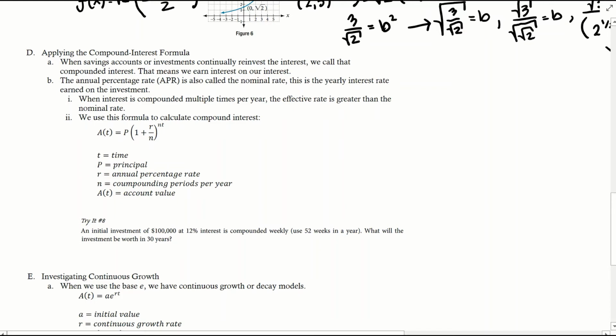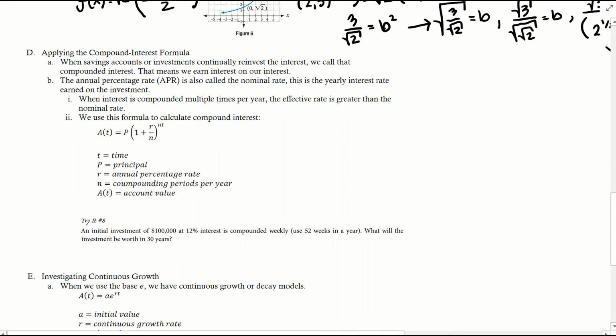When it's compounded multiple times a year, instead of giving you interest at the end of the year, I can give you interest at the end of the week, the day, the month, whenever I choose my compounding to be. I take that interest, put it into your bank account, and then for the next period, you are earning money on that interest.